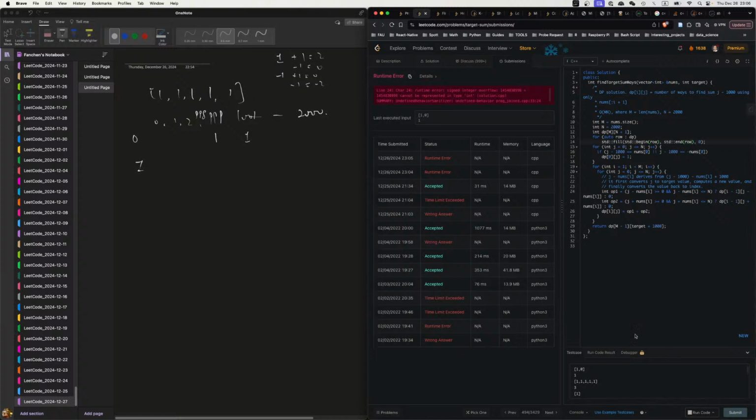Row is to fill everybody 0. Oh shoot. Variable length. How about I just say 2001?